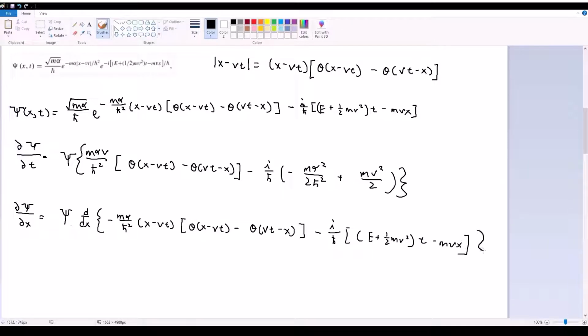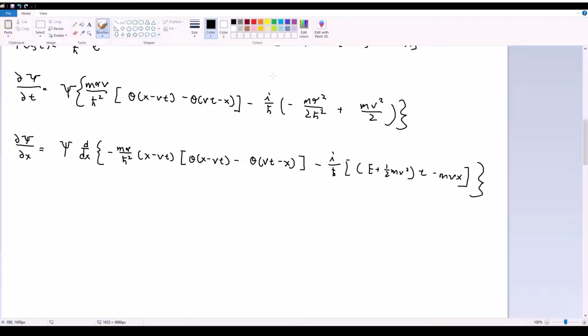And we can go over this significantly faster than we did last time, because we've already done all the subtleties of the derivative, and this is really just the same thing but in terms of x instead of t.